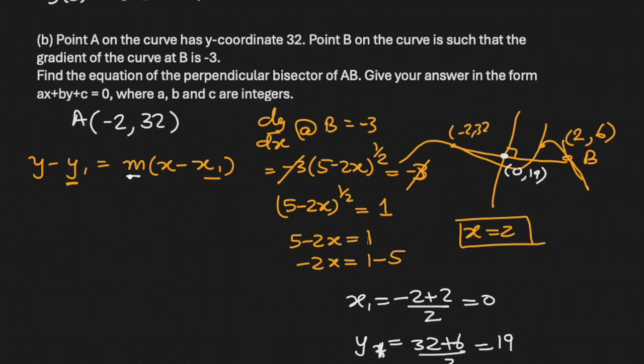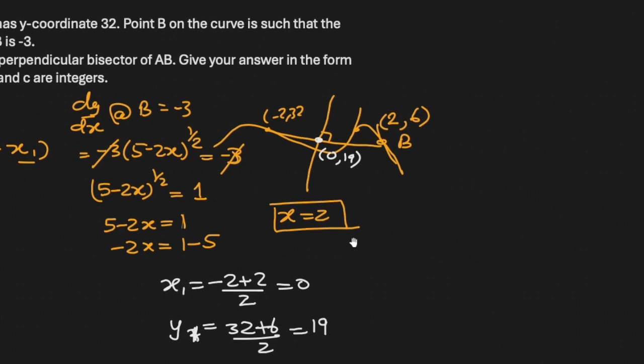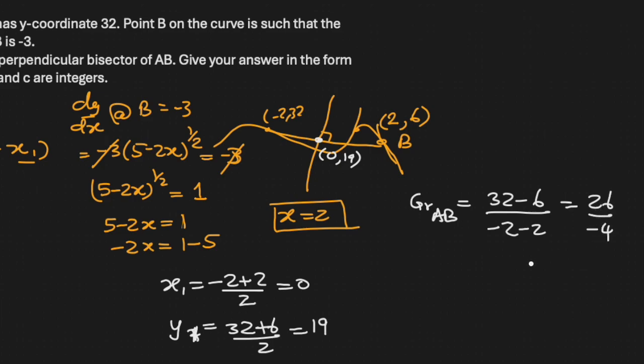Now we need m, the gradient. We can find the gradient of AB. So the gradient of AB will be y2 minus y1 over x2 minus x1. This is how much? 32 minus 6, 26, over minus 4, which is minus 13 over 2.